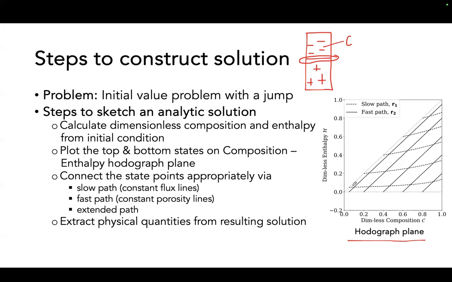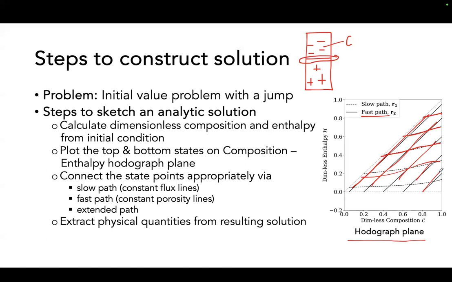If you look at this plot, you will see two types of curves. One is these dark dashed lines called slow paths. Slow paths are the lines of constant flux, or meltwater flux. And the fast paths are the lines of constant porosity in the three-phase region.